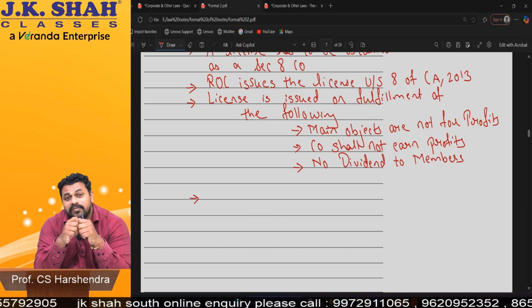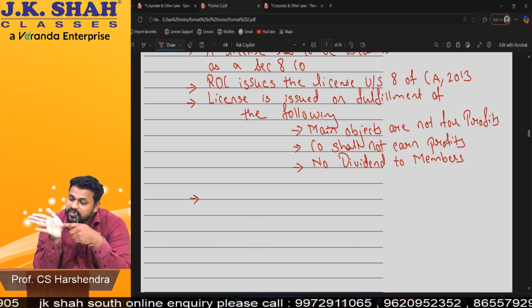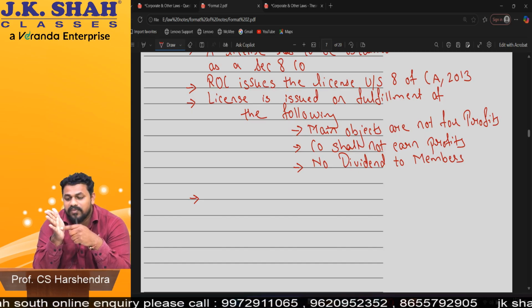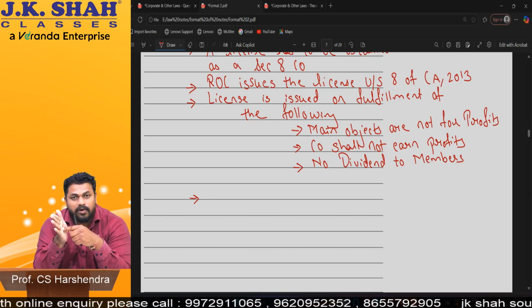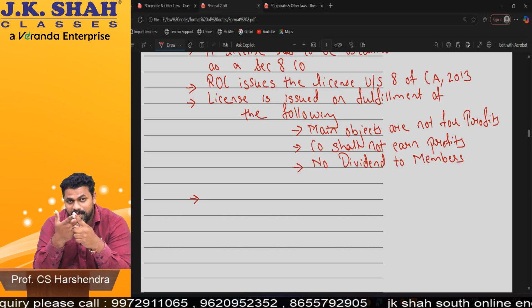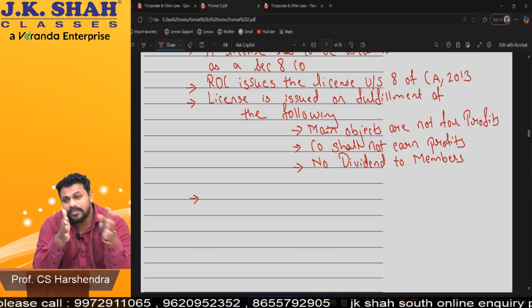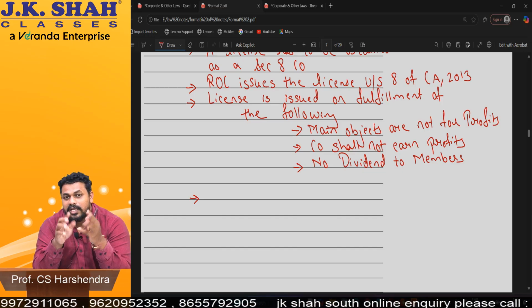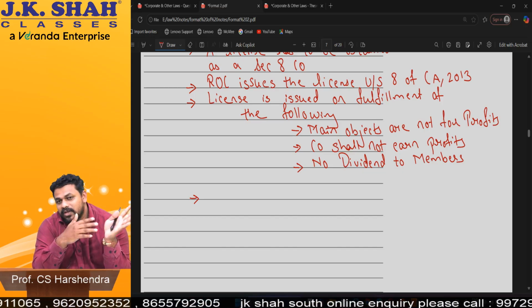One important benefit is that every company's name ends with the words private limited or limited. This company is not required to end its name with the words private limited or limited. Like I told you, what is my client's name? Beta, Stainless Steel Association. Did I tell private limited? No, because the name is Stainless Steel Association. Association, confederation, council. Trust, no, trust will go under the Trust Act.